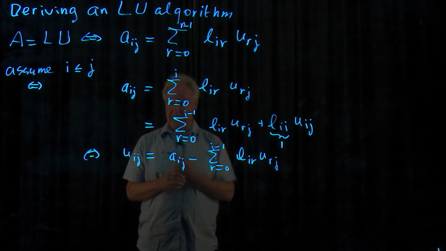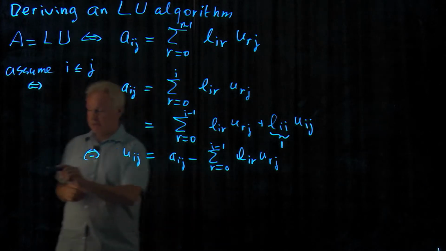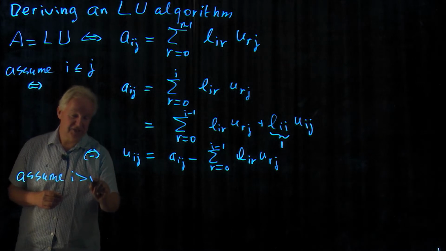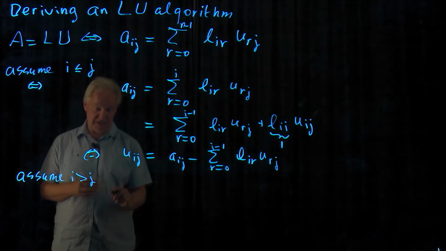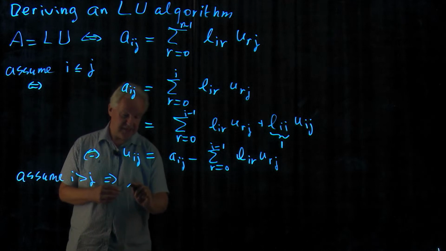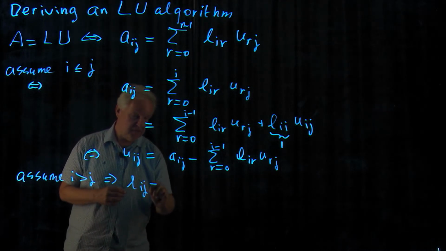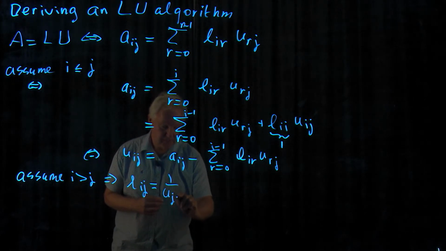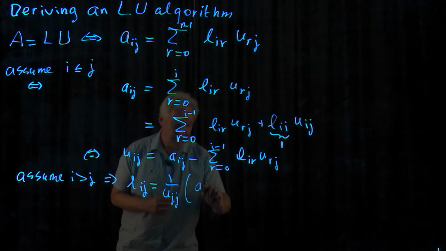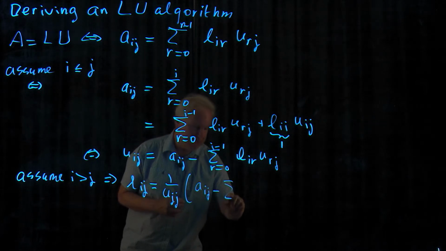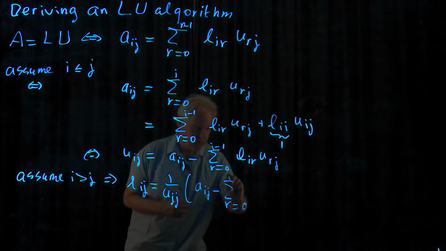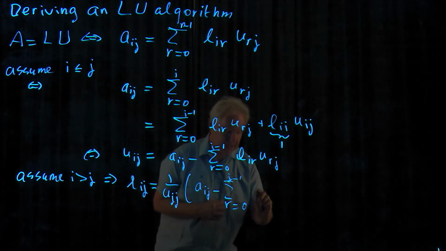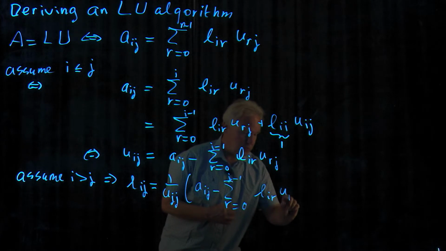If we assume that i is larger than j, we can do something similar, and then we get Lij equals 1 over Ujj, times Aij minus a similar sum, now going up to j minus 1, of Lir Urj.